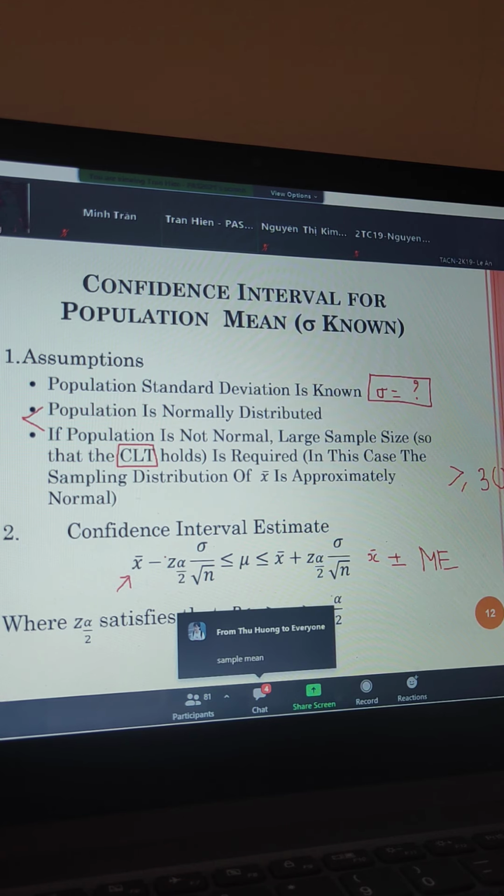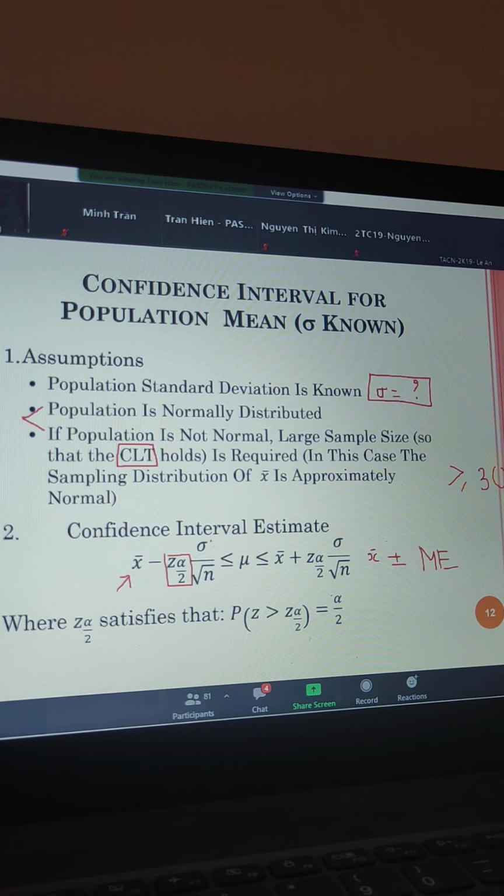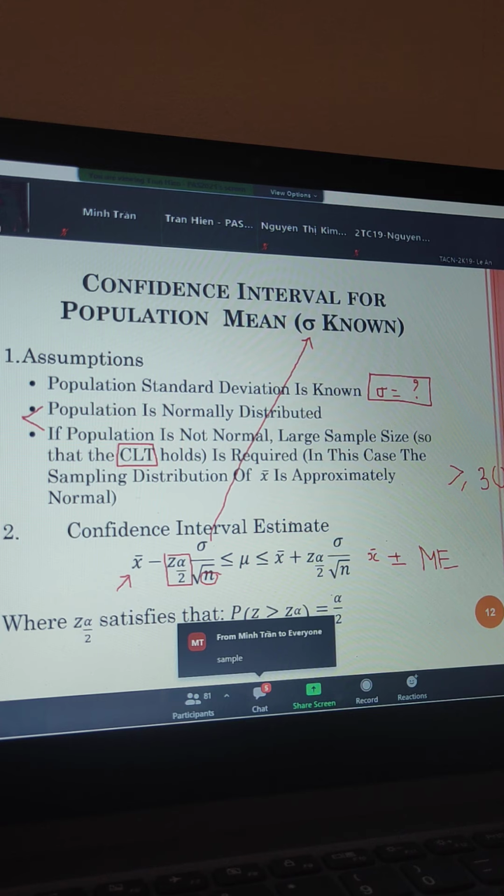For the second one, we will skip that so I can explain it in the next line. Because in this case, we know the standard deviation of the population, standard deviation known. So we know that value, right? And after that, the square root of n. The letter n, what does it mean? The sample size.